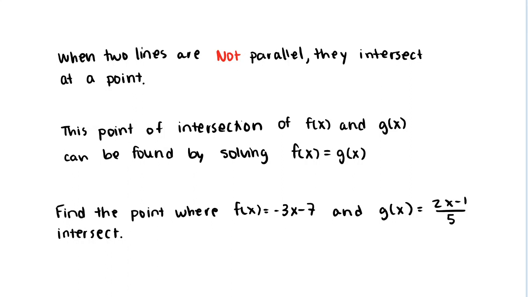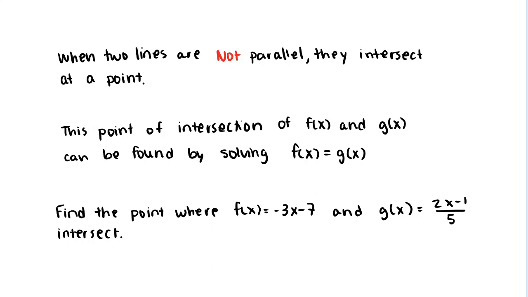So the last thing I'd like to talk about in this video is the idea of finding where two lines cross one another, in other words, their point of intersection. Whenever we have two lines that are not parallel, they will cross one another. And usually this point where they cross has some extra significance to the problem if these two functions represent some real-world situation. So we want to be able to find this point of intersection.